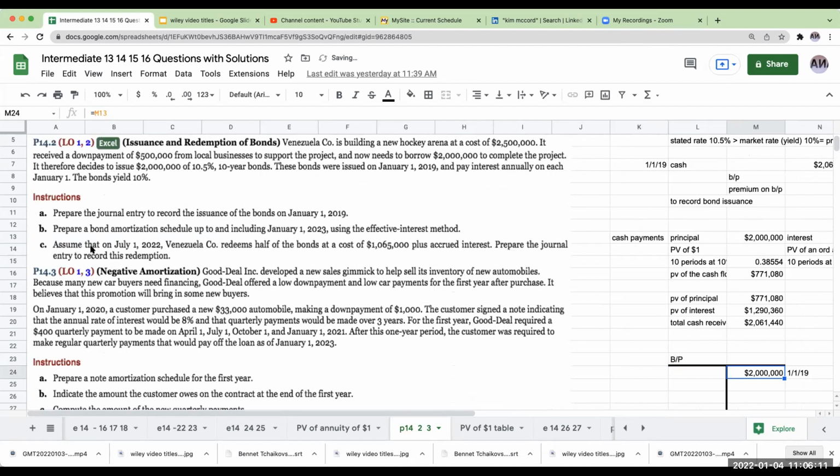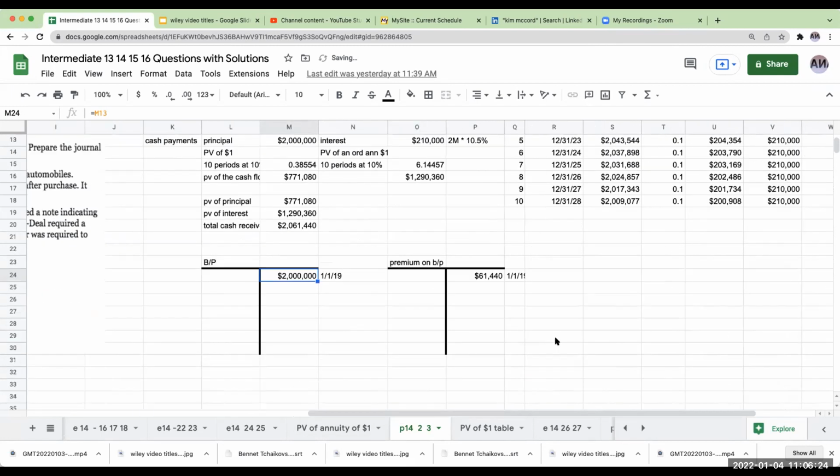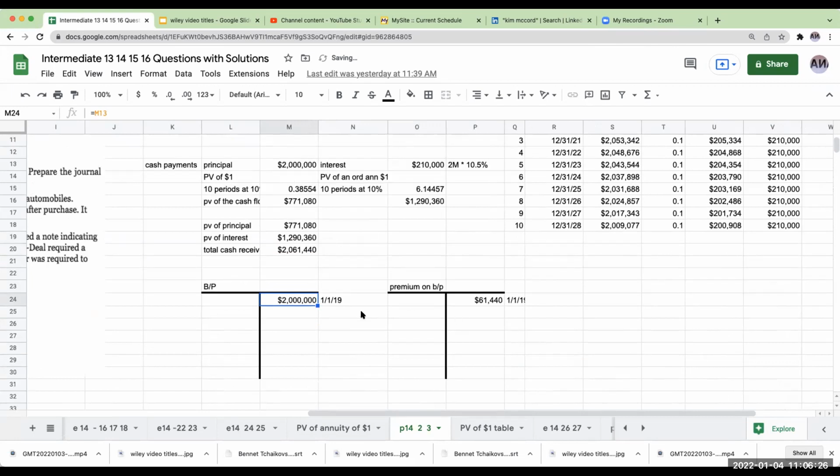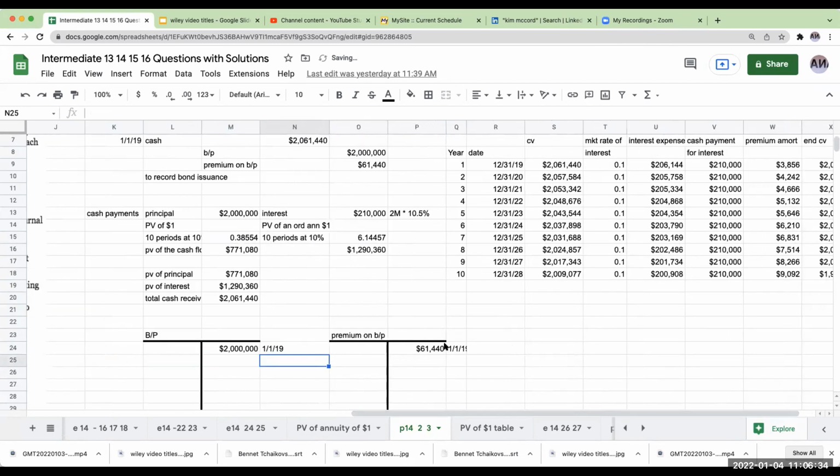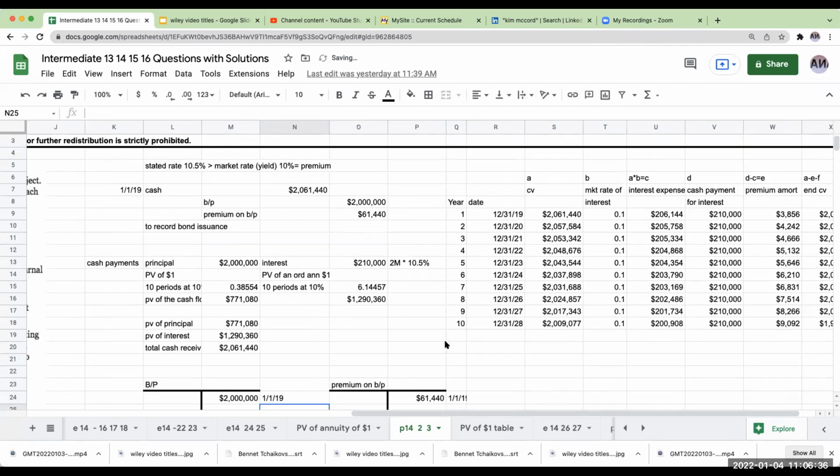Assume that on July 1st, 2022, Venezuela redeems half of the bonds at a cost of $1,065,000 plus accrued interest. Okay. So this is where I have been getting stuck, that's why I'm on take 3 right now. So let's go ahead, and first I want to show what the premium amortization was through that period of time.